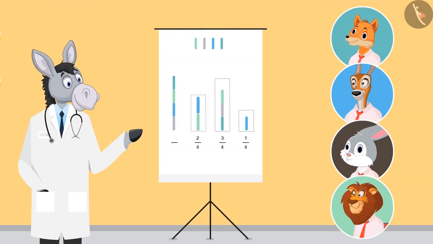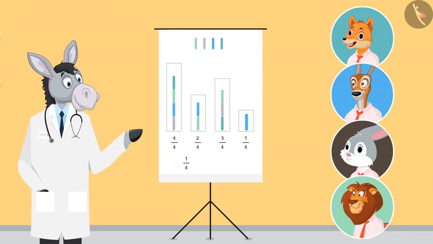This is 2 by 4. This is also known as half. Is this 4 by 4? Yes, this means full. Now you must have understood that 1 by 4 is 1/4. 3 by 4 is 3/4.